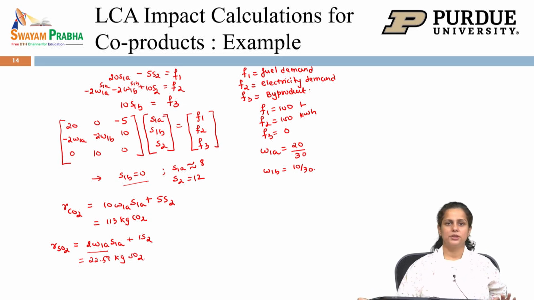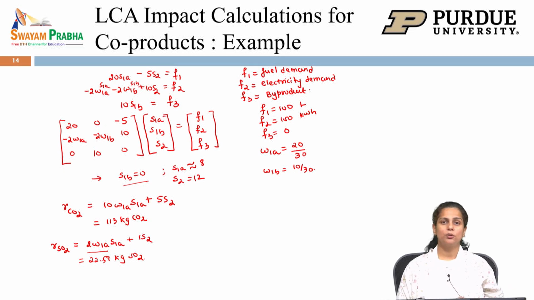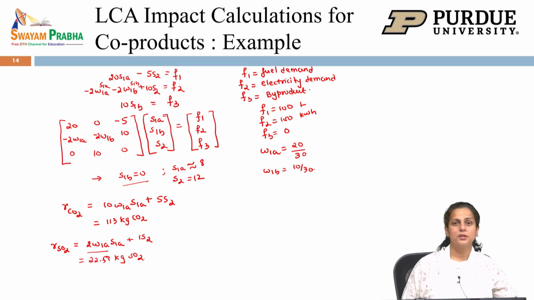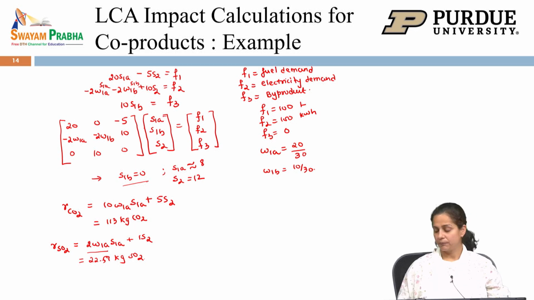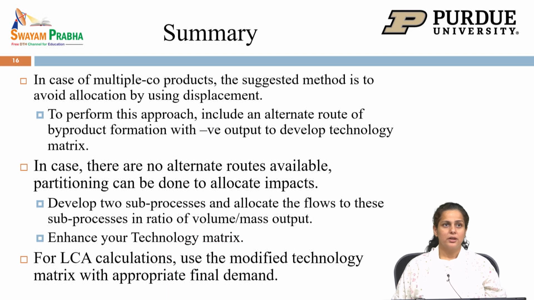So, these are some simple demonstrations of how your results will change or how you will do partition, if you have a simple system, how you set up your matrix algebra, and if you have a displacement, it will follow the same approach. It is just that you need new unit process information. In summary, in case of multiple co-products, the suggested method by ISO is to avoid allocation by using displacement.